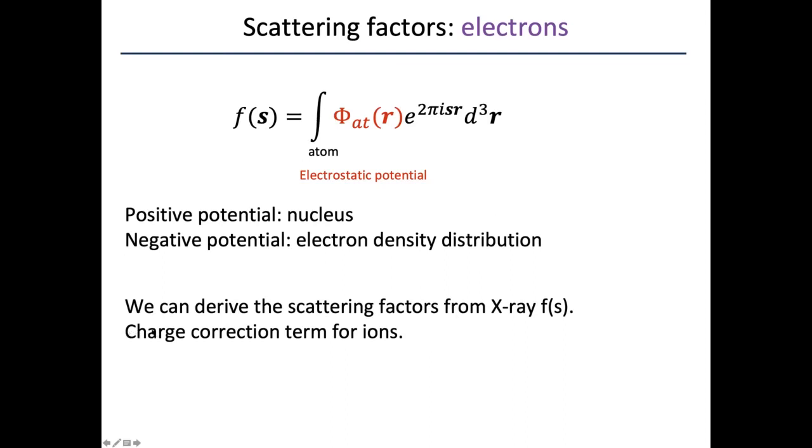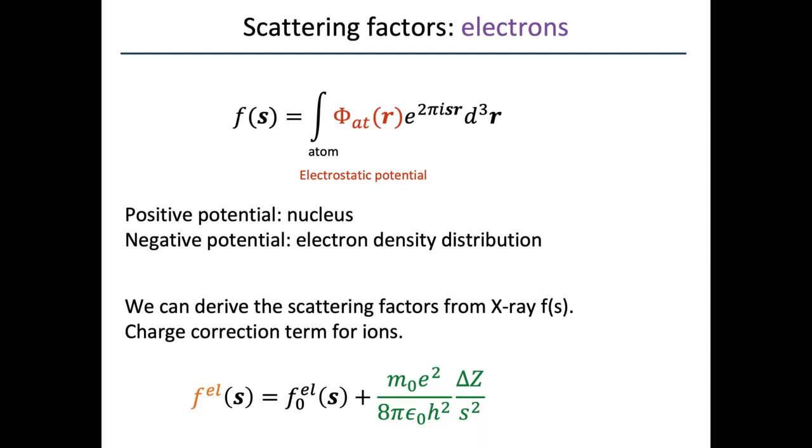And the important thing here is that we have a charge correction term for ions, and that looks like this. So the electron scattering factor for an ion is the electron scattering factor of a neutral atom plus a so-called charge correction term. So it's a bunch of constants times the charge over S square. And we see in a moment what effect that will have.